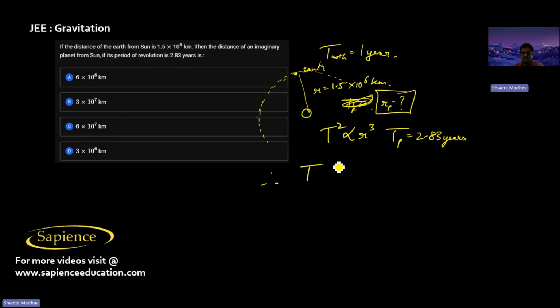Therefore, I can say the time period of the Earth squared by the time period of that planet squared is equal to the distance of the Earth from the Sun cubed by the distance of that planet from the Sun cubed.